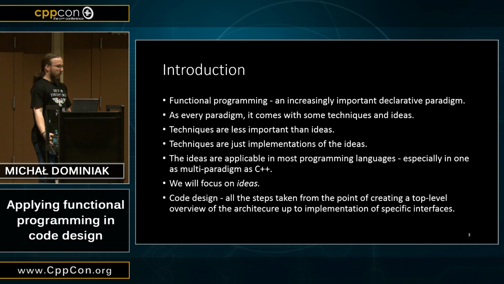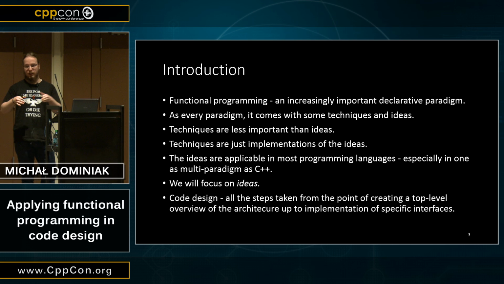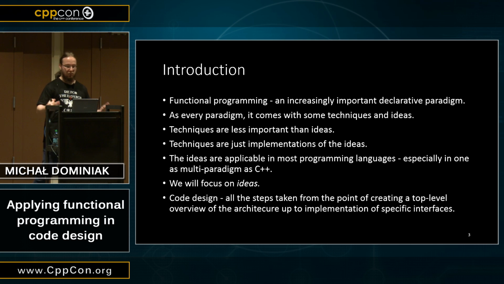What I mean by code design, it's all the steps from the initial idea about an application or a library to the implementation deep below, including the implementation of specific functions in the interfaces. Okay.